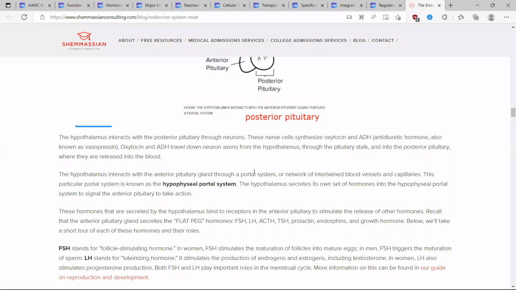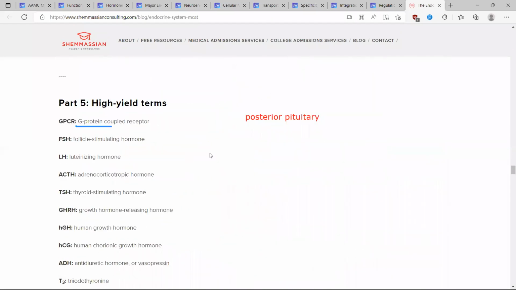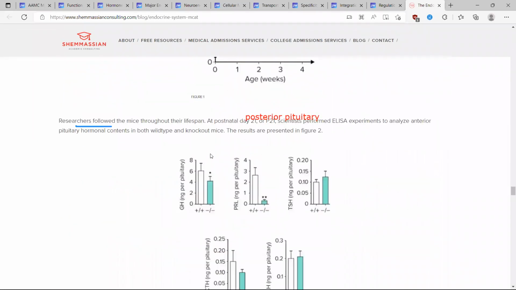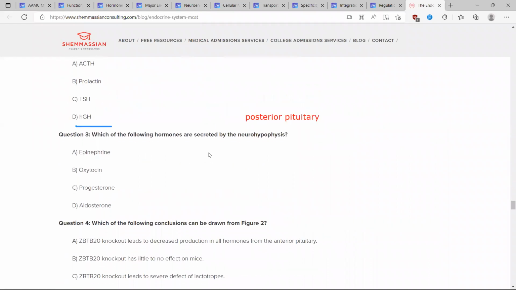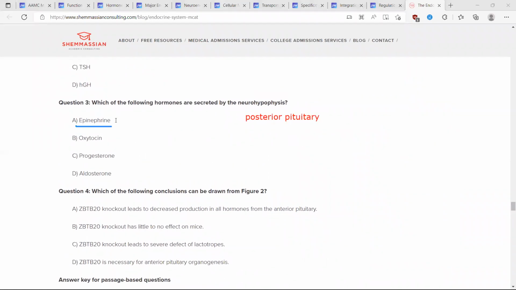So let's go back. Our epinephrine is coming from our sympathetic nervous system. Our oxytocin is indeed coming from our posterior pituitary.